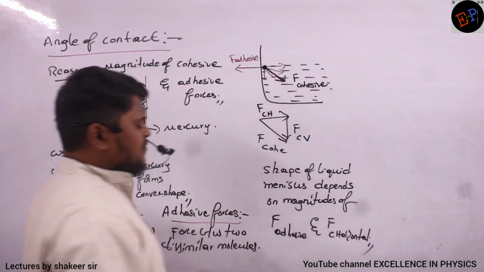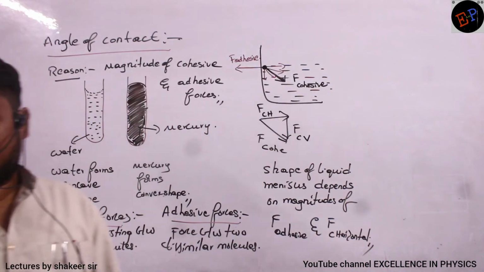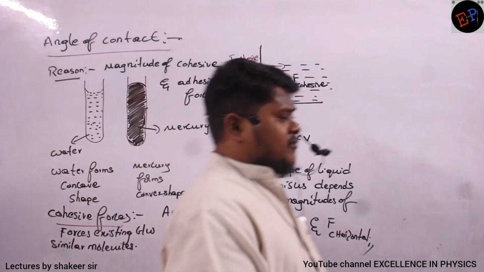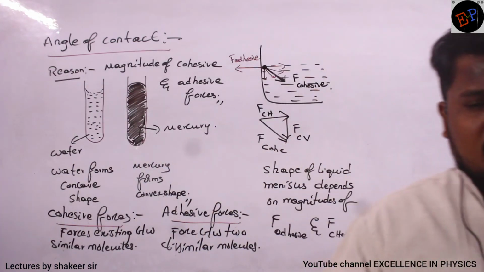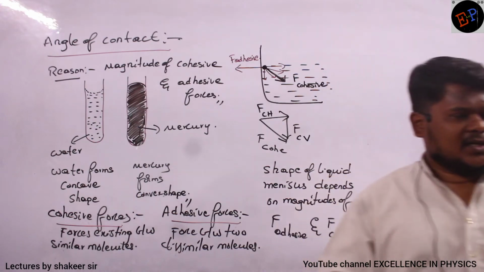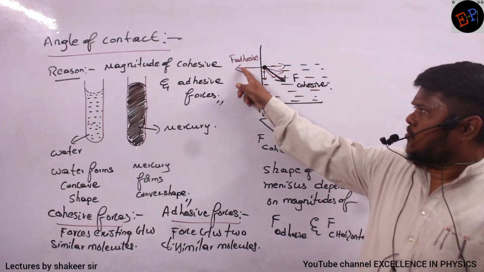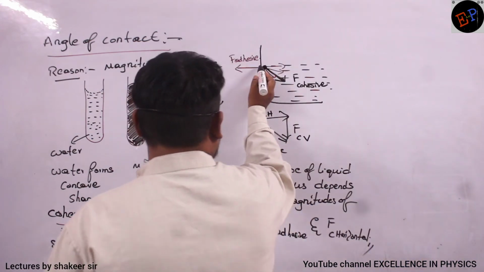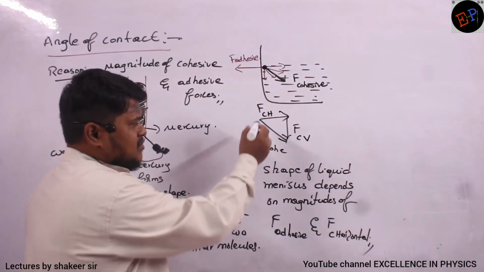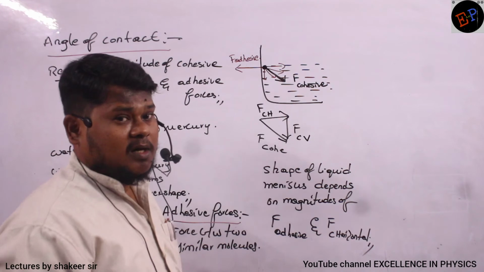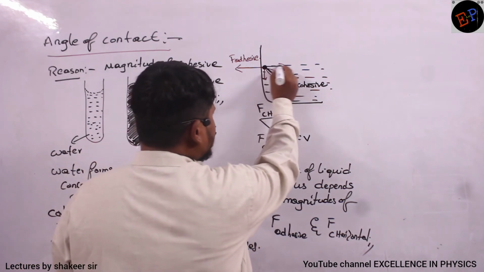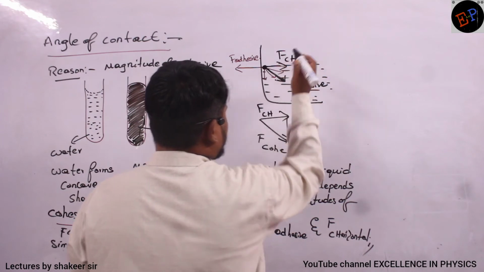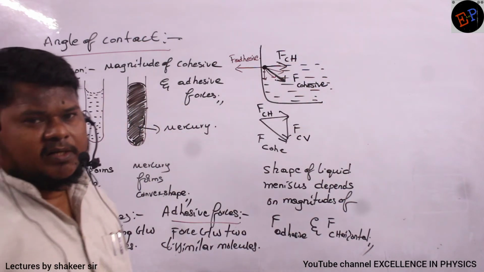FCH means F cohesive horizontal. Whether the meniscus is concave or convex depends only on these two forces: the F adhesive force and the F cohesive horizontal force. This will be the direction of F cohesive horizontal.